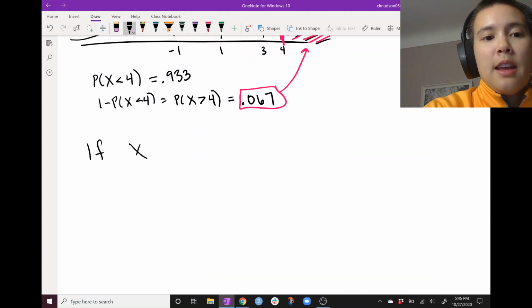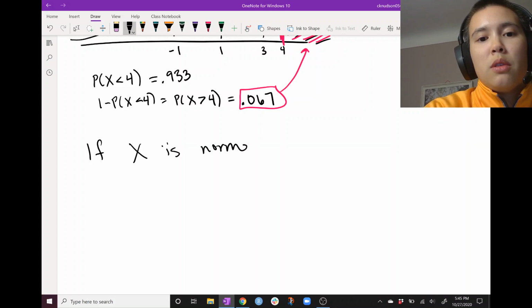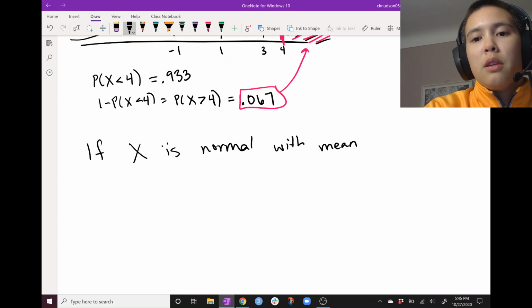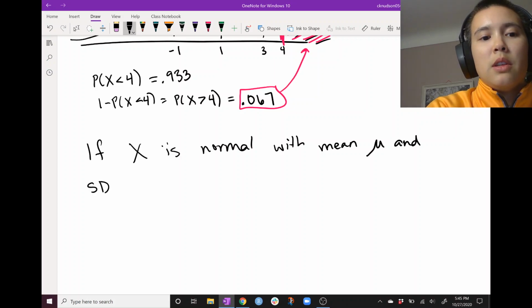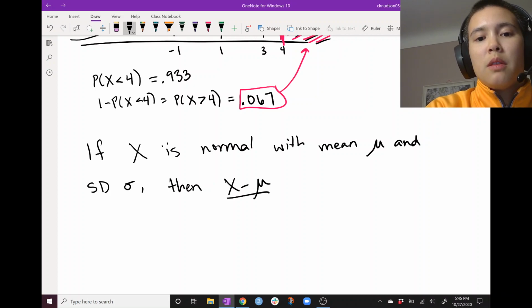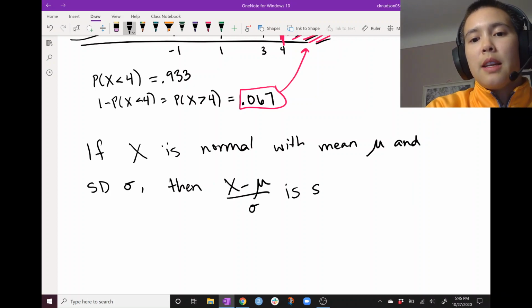So let's say if x is normal with mean mu and standard deviation sigma, then (x minus mu) over sigma is standard normal.